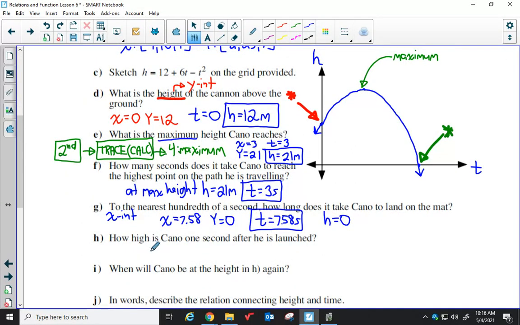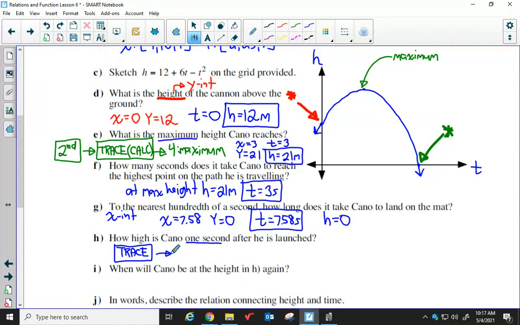H, how high is Kano 1 second after he's launched? Okay, the easiest way to do this is just to use the trace button and then just identify which X value you're interested in. So all I'll do is I'm just going to hit trace. And then it says after 1 second.